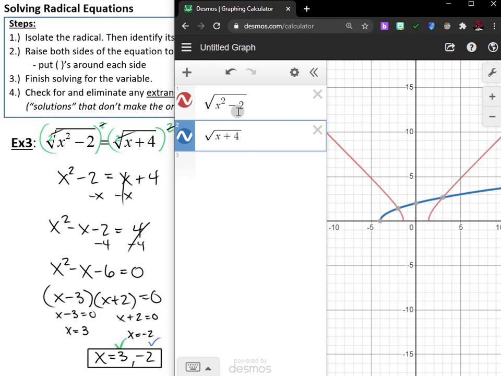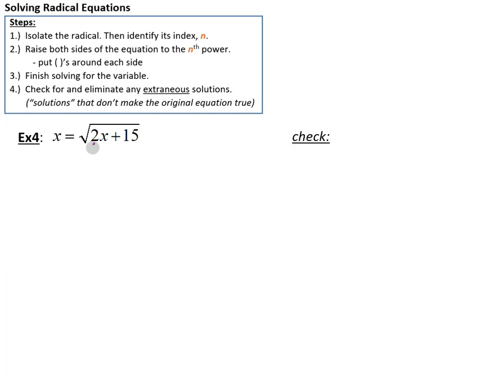If we graphed each of these, the square root of x squared minus 2, the left side of the equation, is this funky looking graph here, and the square root of x plus 4 is in blue. Where they are equal, my x coordinates are -2 and +3. Look at that. Pretty amazing what graphs can do for us.